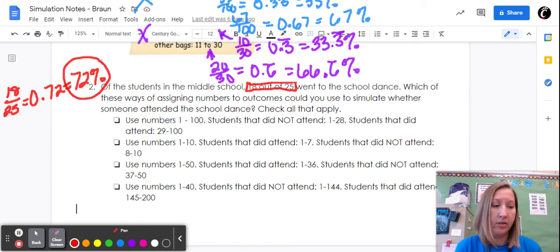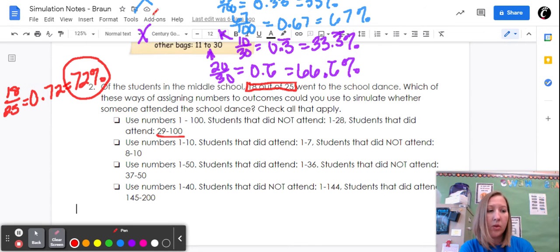So then looking at my simulations, I have this first option of using the numbers 1 to 100. Students that did not attend would be assigned numbers 1 through 28, and students that did attend would be assigned 29 through 100. I really want to focus on the ones that did attend because I want that to match my 72%.